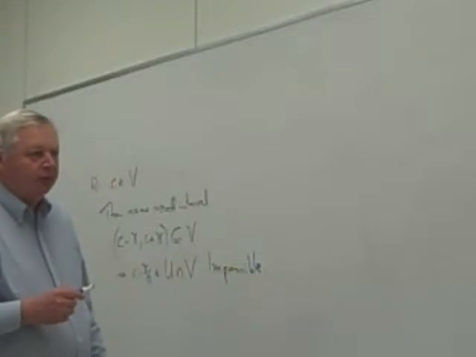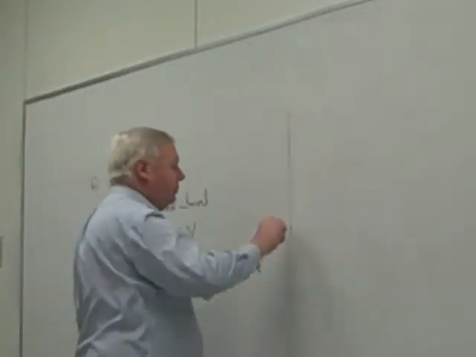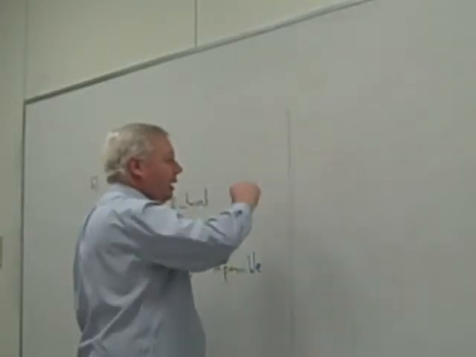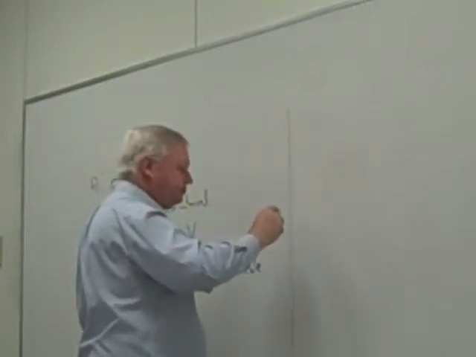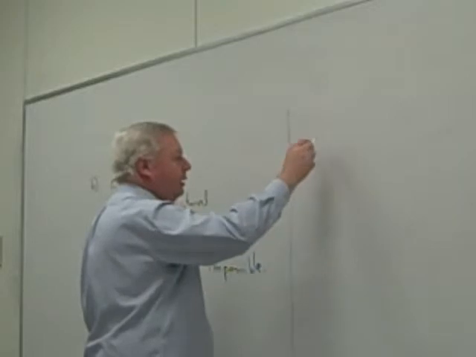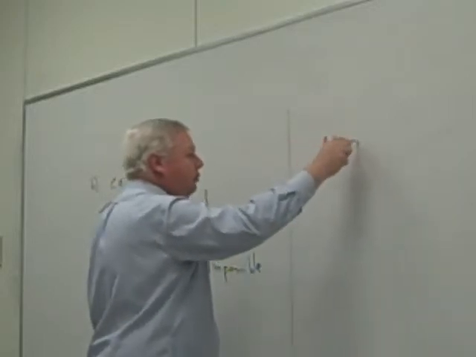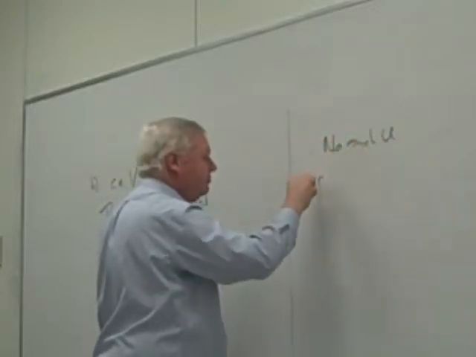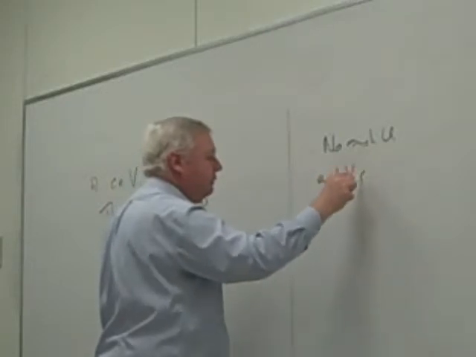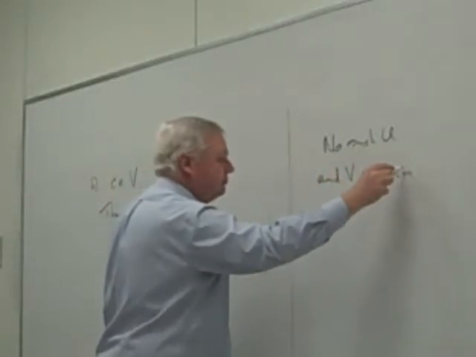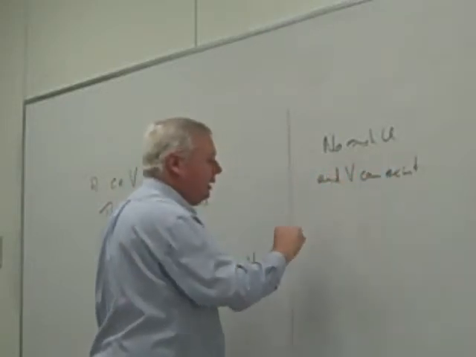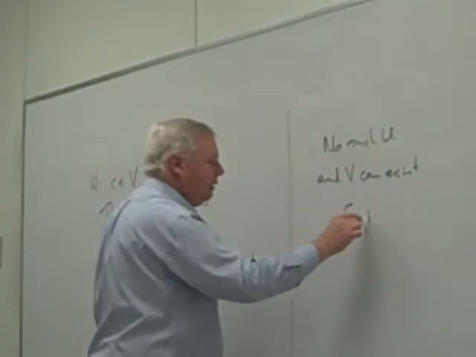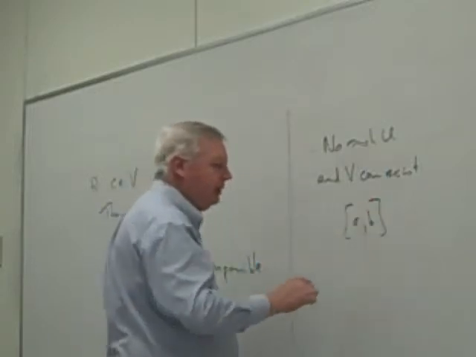Well, we've ruled out all the possibilities. And so, therefore, no such U and V can exist. And therefore, the closed interval from A to B is connected.